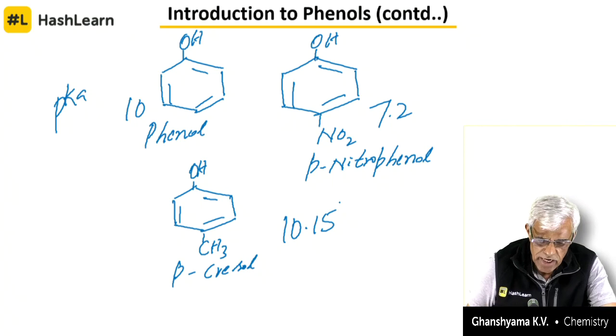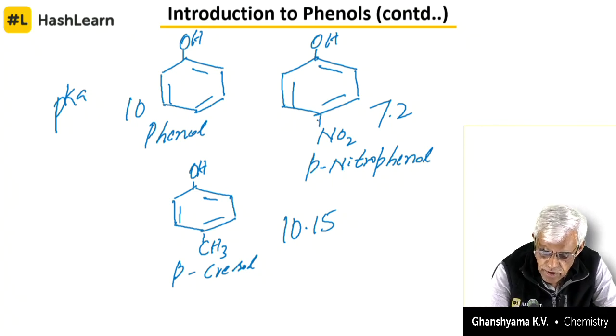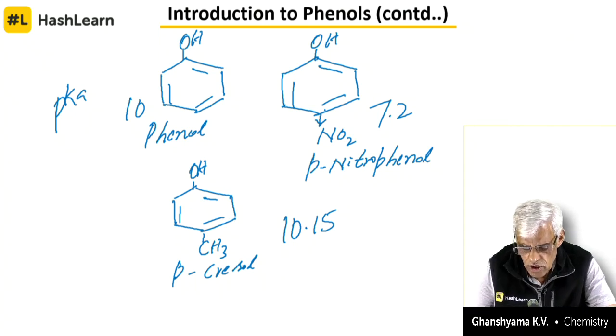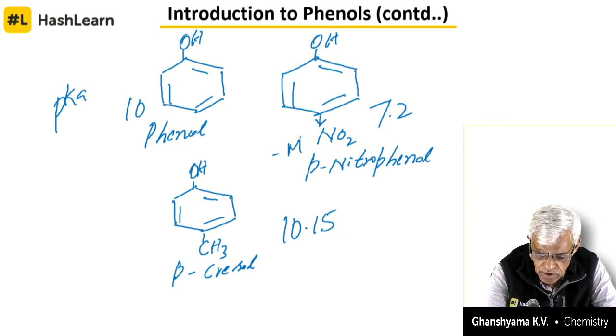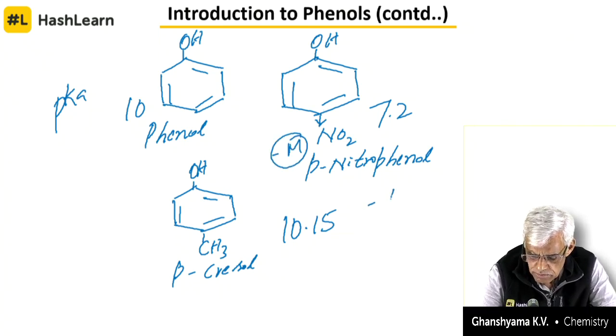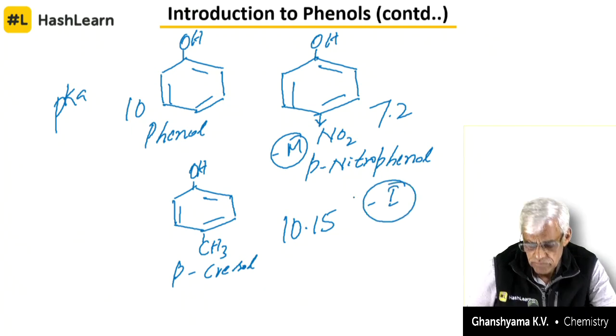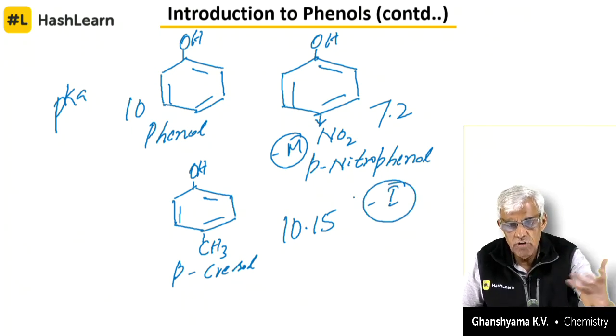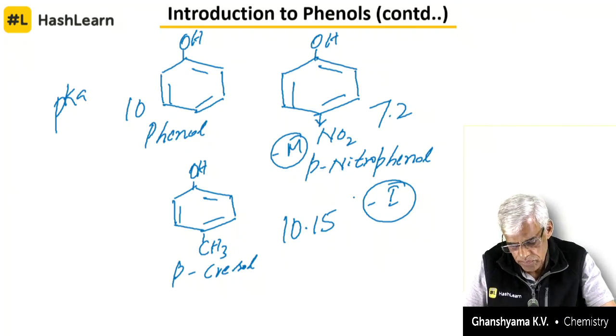So, the principle behind this is, if the substituent is an electron withdrawing group, minus M effect or minus I effect, acid strength will increase.